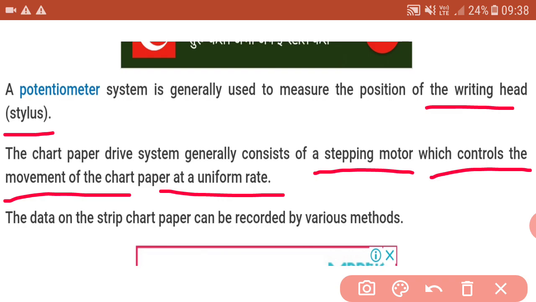The data on the strip chart paper can be recorded by various methods.